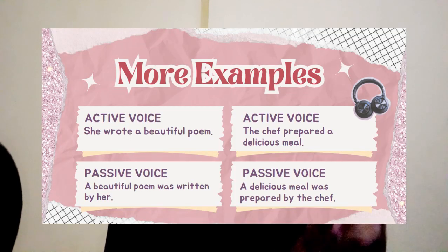Another example, in active voice, the chef prepared a delicious meal. In passive voice, a delicious meal was prepared by the chef. So in active voice, the subject is the chef and the action is prepared.